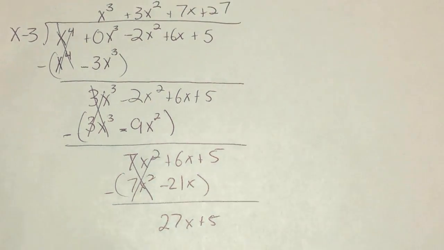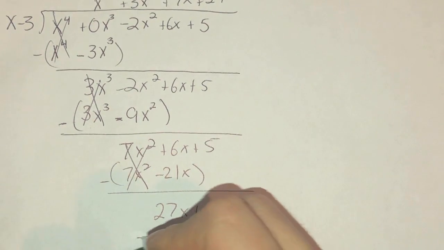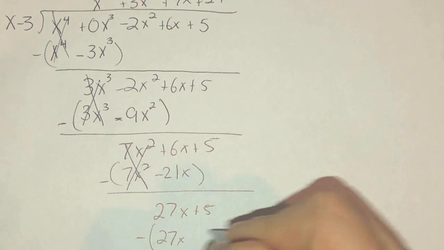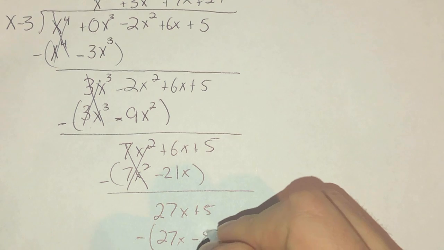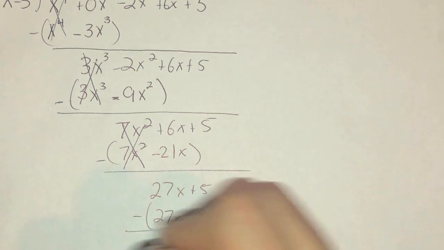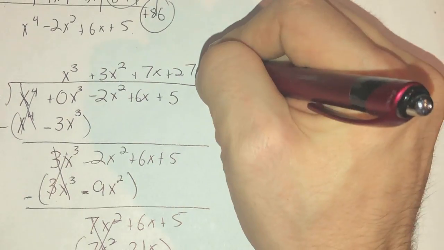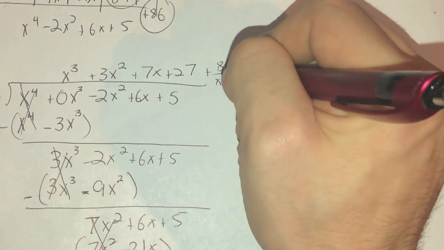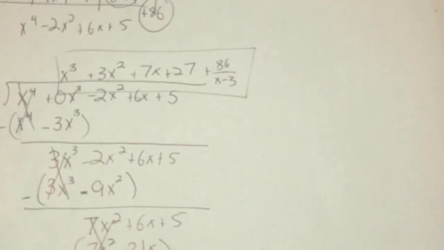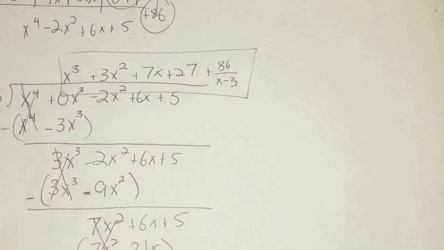Last piece, drop in the 27, because 27 times x is 27x. Bring it down, you have 27x minus 81. 5 minus negative 81 gives me 86, my remainder. So I come up, write that in.